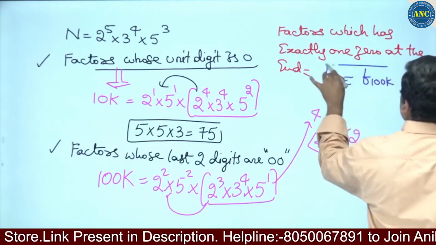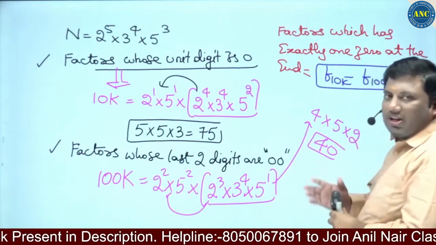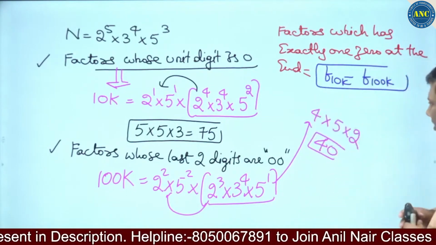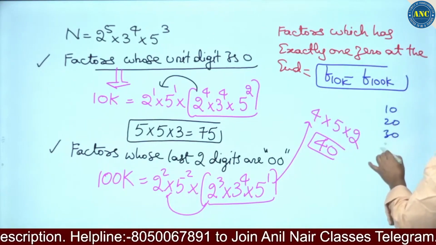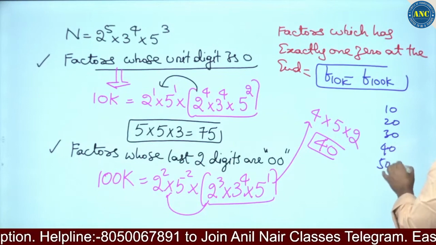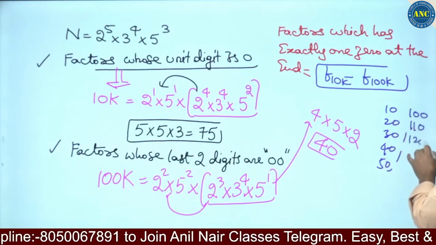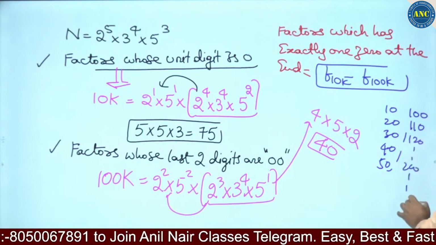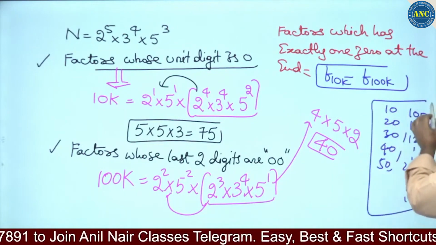Because if I subtract the factors which are multiples of 100, 2 zeros, 3 zeros, everything will go away. Factors which are multiples of 10 are 10, 20, 30, 40, 100, 110, 120, 200 and so on.